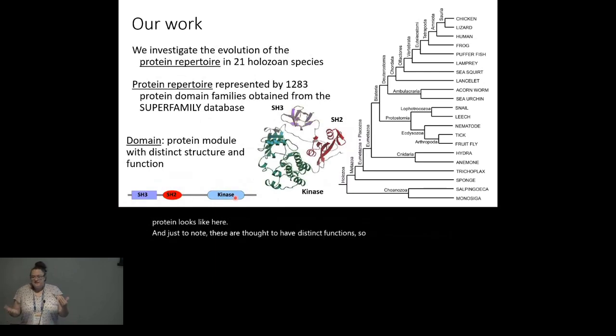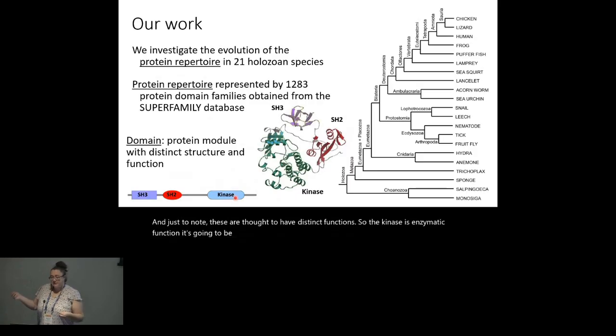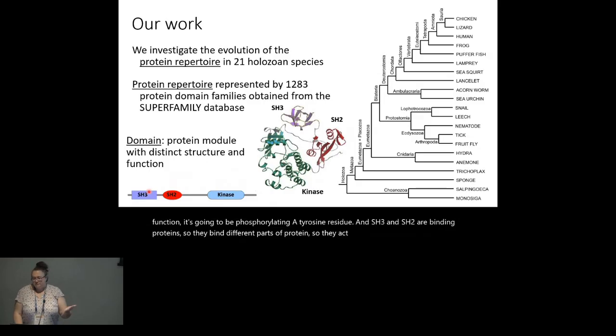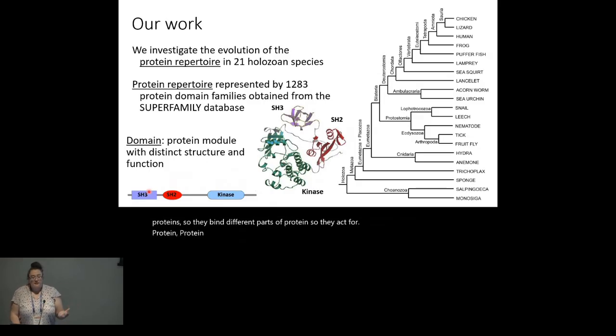The kinase has an enzymatic function. It's going to be phosphorylating a tyrosine residue, and SH3 and SH2 are binding domains. So they bind different parts of proteins. They act for protein-protein interaction, as well as for self-binding to other areas of the Src kinase. So they act for activation and inactivation of the protein as a whole.